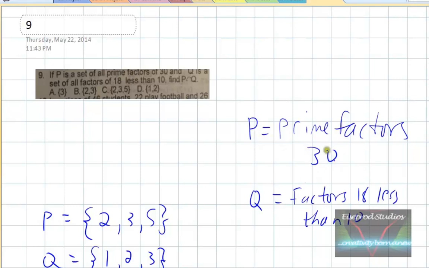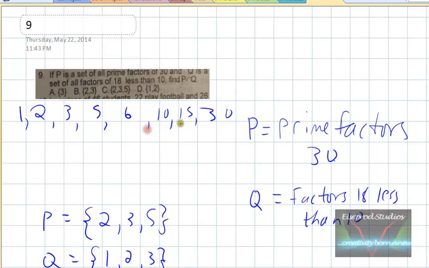So what that means is if you were to factor out 30, you'd put 1 here and 30 here. You would have 2 and 15, and you would have 3 and 10, and you would have 5 and 6.